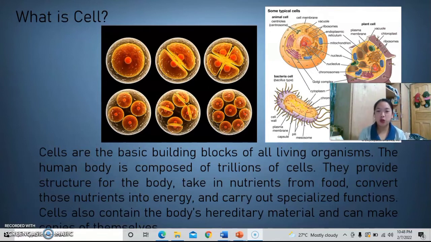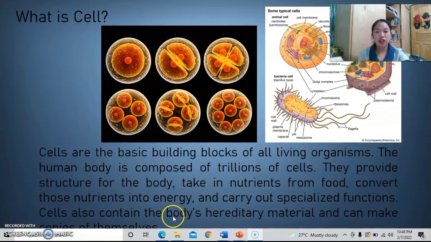The human body is composed of cells that provide structure for the body, take in nutrients from food, convert those nutrients into energy, and carry out specialized functions. Cells also contain the body's hereditary material and can make copies of themselves.